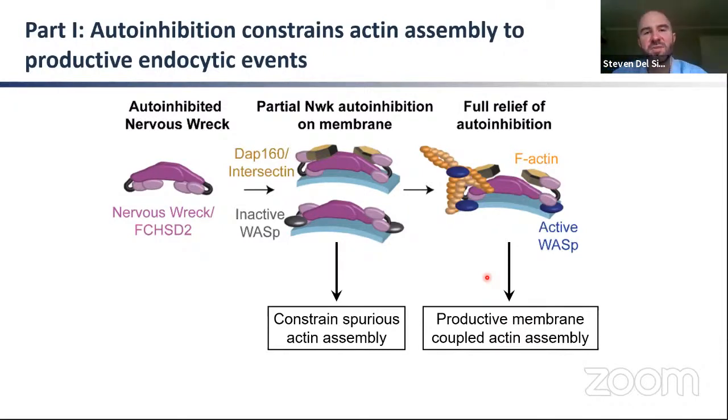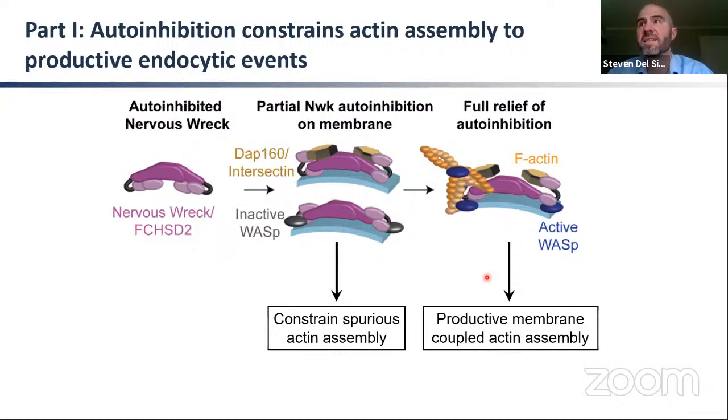Yeah, that's a great observation. We noticed that too. We've seen that in a number of mutants, so we saw it in the Nervous Wreck mutant, the DAP160 mutant, and we also saw it in a different Shibire manipulation. So one possibility is that these are just completely decoupled random assemblies.